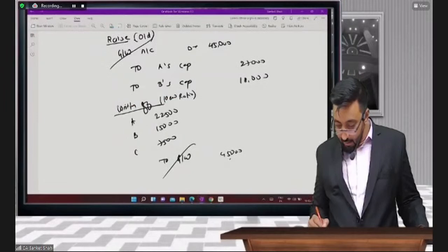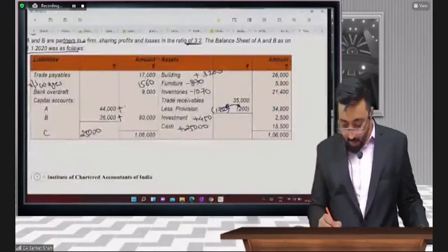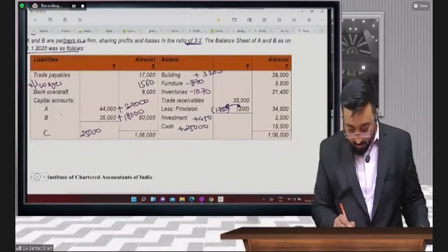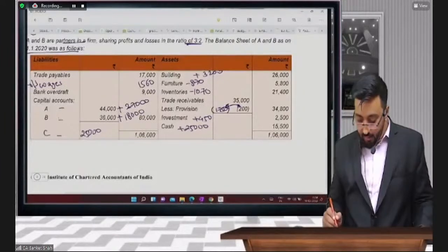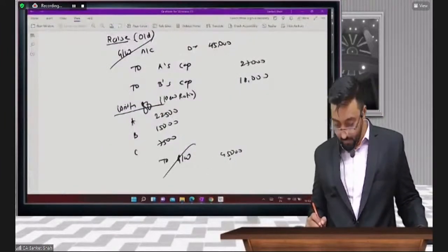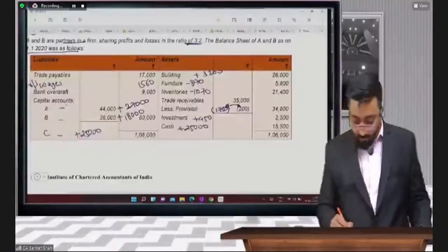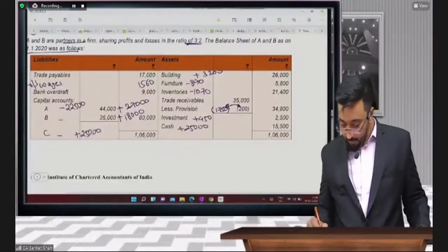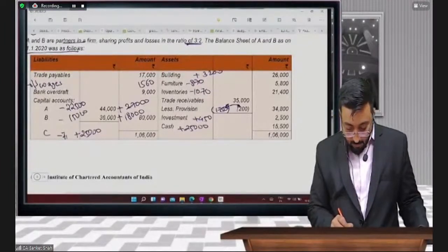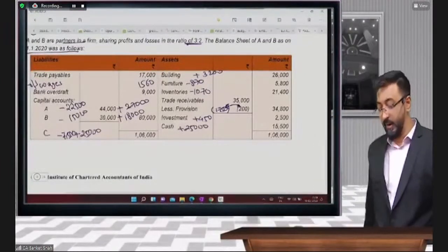And A's capital we will increase by 27,000, and B's capital by 18,000. And we will deduct 22,500, 15,000 and 7,500.